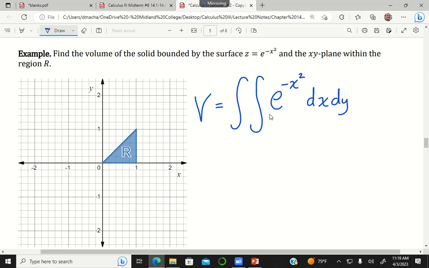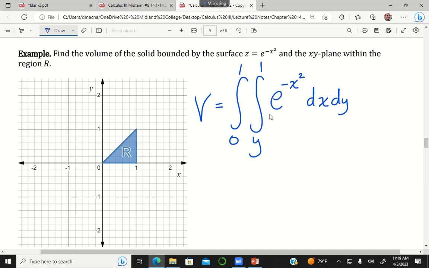And then how would I describe this region in the plane? Well, my y variable, my outside integral, is allowed to be anywhere between 0 and 1. But x can only be values between y and 1.